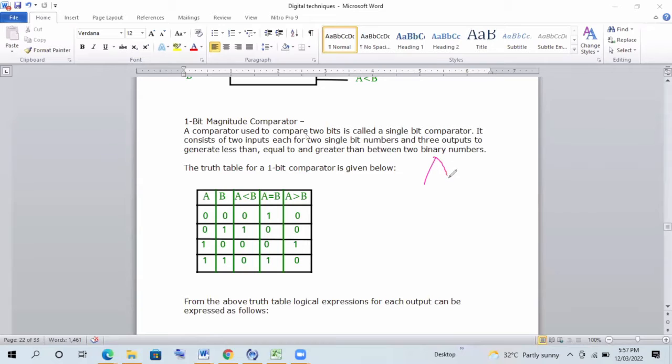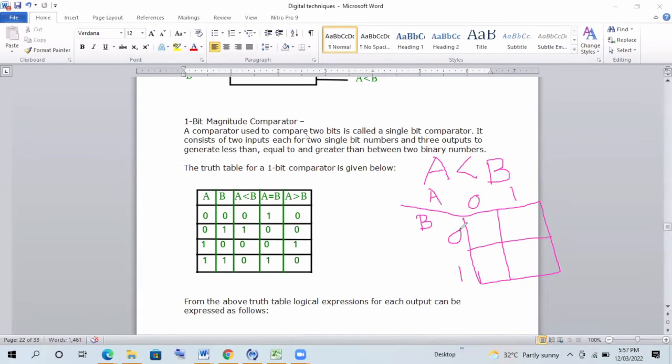First we'll draw for the A less than B. Okay. So we are having the two variables, so we can draw the two variable K-map, that is two inputs A and B. Here we can have A is 0 and B is A can be 0 or 1, B can be 0 or 1. Okay.